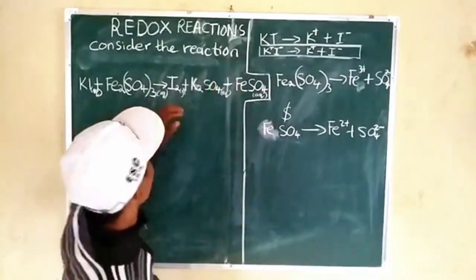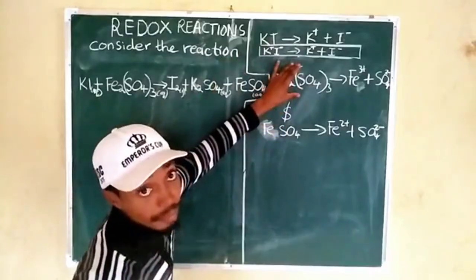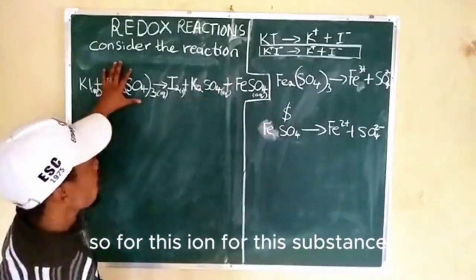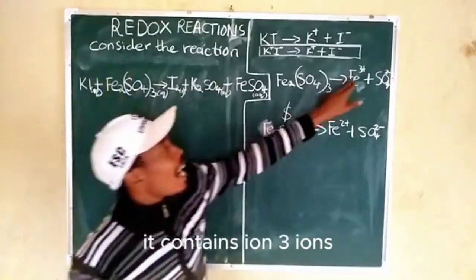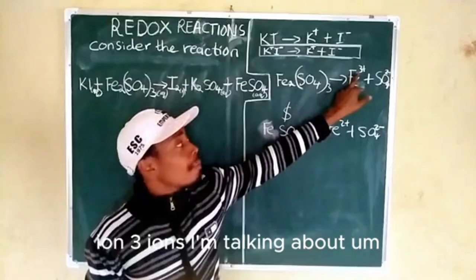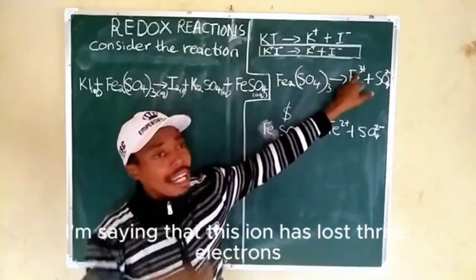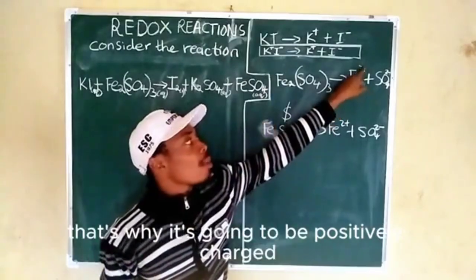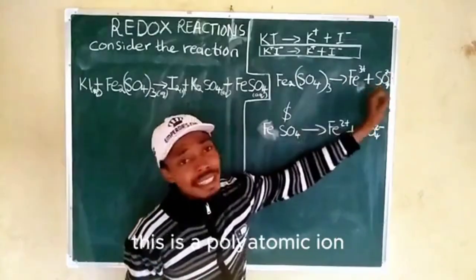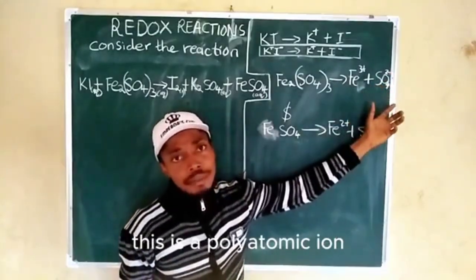So back to the substance. This substance contains iron(III) ions. I'm saying that this iron ion has lost 3 electrons. That's why it's positively charged. And this tetraoxosulfate(VI) ion is a polyatomic ion.